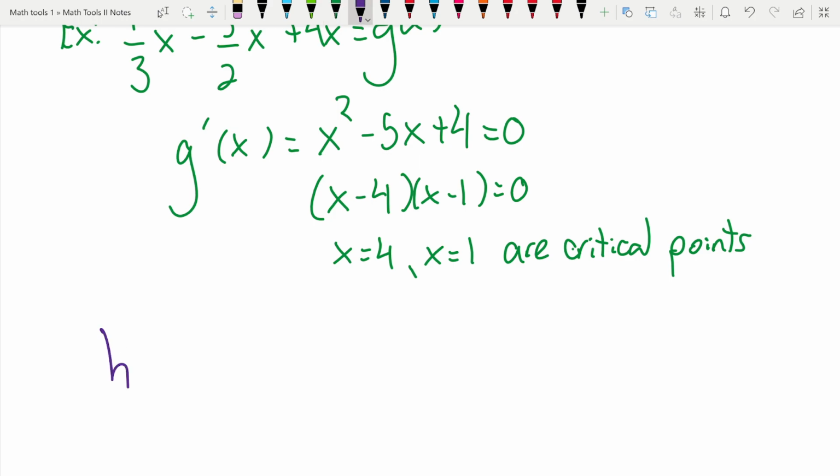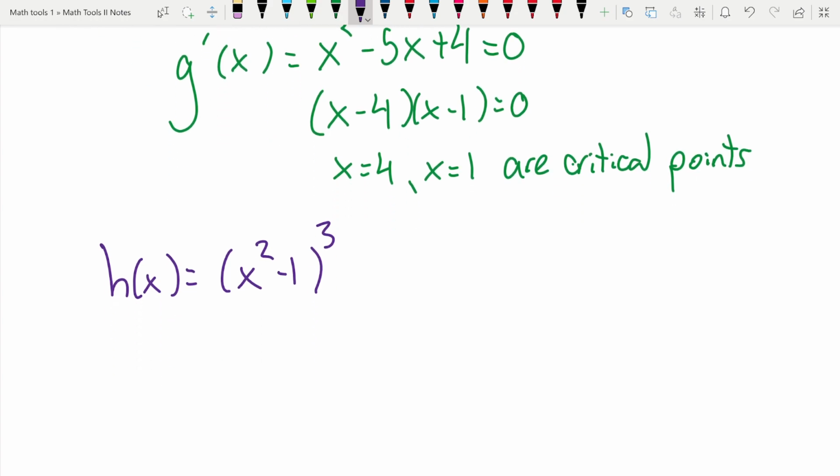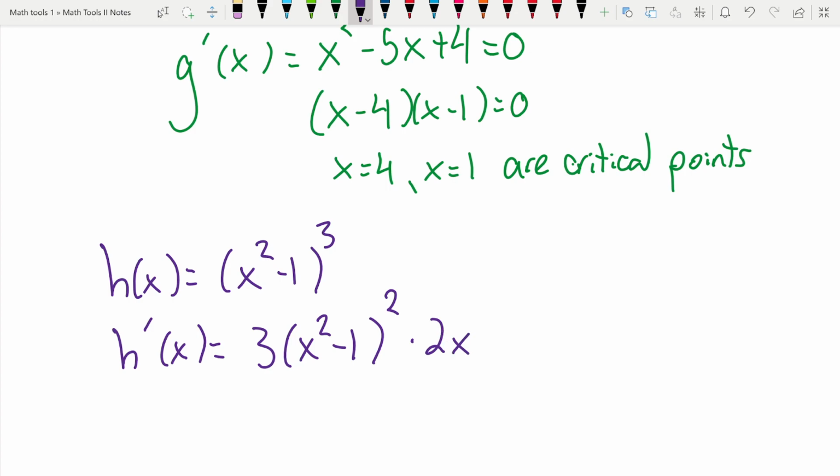Okay, let's look at h of x equals (x squared minus 1) cubed. If we want to take the derivative here, we'll go ahead and use the chain rule. So we get 3 times (x squared minus 1) squared times the derivative of the inside, which is 2x. And then we'll set that equal to 0. This one's a little bit tricky. Using the zero product rule, we can look at these as two different factors.